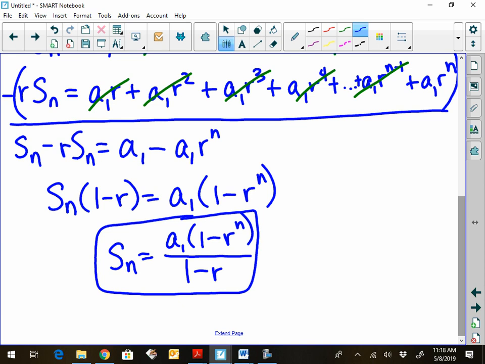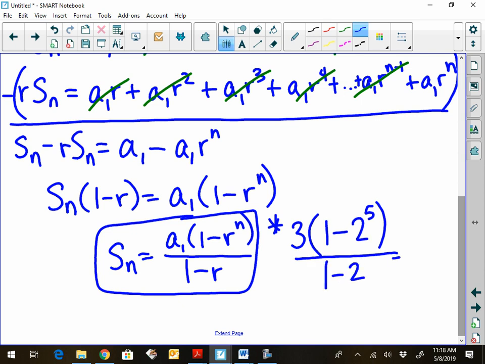So let's go back to where we found 93 before. Our a sub 1 was 3. We'll do 1 minus, our ratio was 2, so we'll do 2 to the 5th because our n was 5, divided by 1 minus 2. So we get 3 times 1 minus, remember, we have to do the exponent first, so we get 1 minus 32 over negative 1.